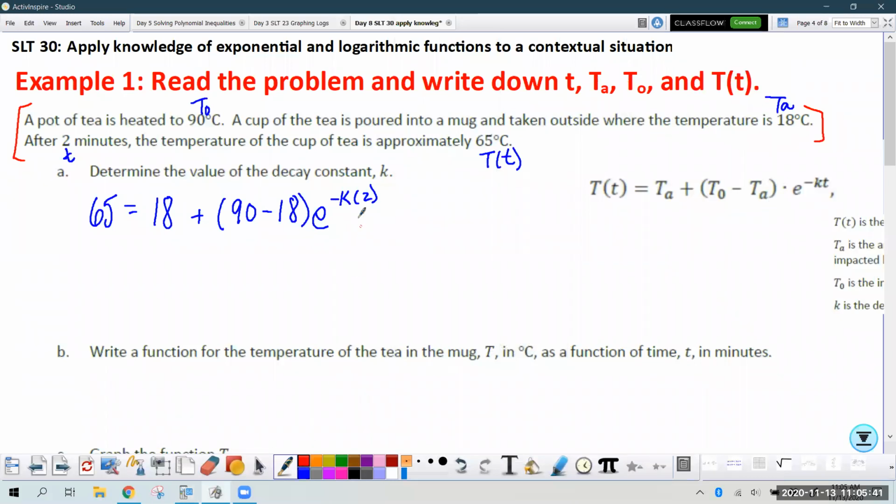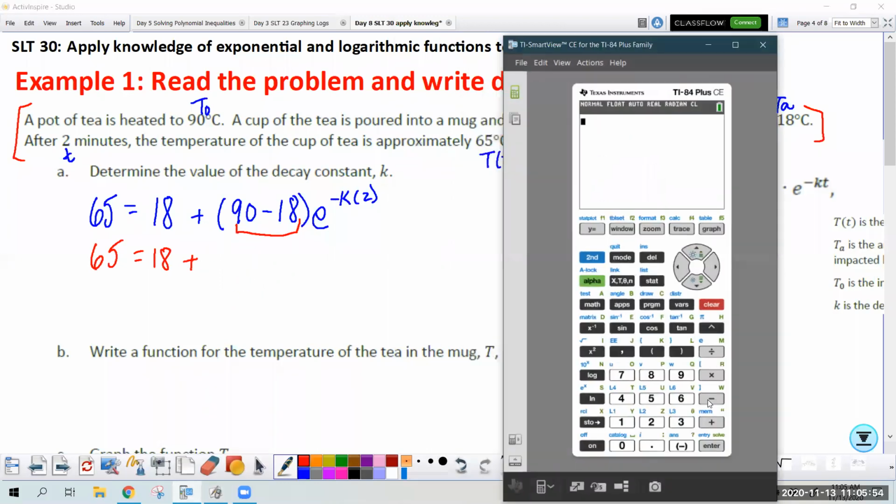So now we have to solve for k, kind of like the warm-up. We're going to combine these values. If you want to use your calculator for the arithmetic, go ahead.